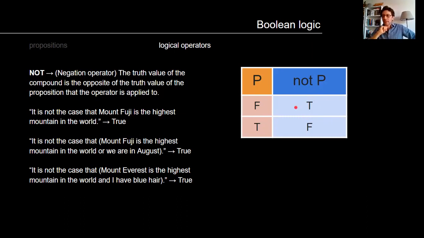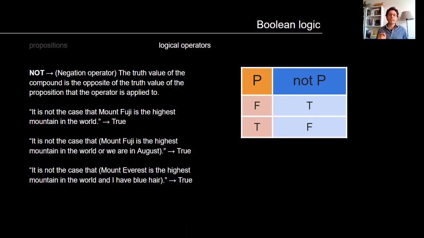You might immediately ask this question: okay, within the parentheses, P was standing for Mount Fuji is the highest mountain in the world. Now you call the whole sentence in the parentheses P. Okay, that might be complicating if you have never dealt with variables, or if you forgot your polynomials that you learned in your high school education.